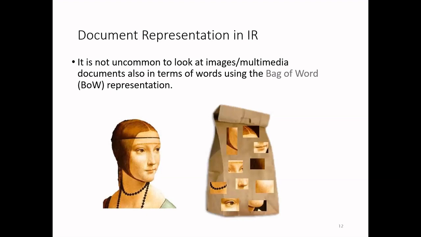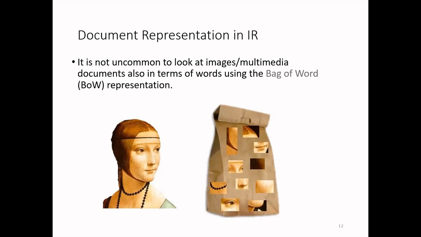For example, one could define certain basic building blocks of pictures, and one can say, all right, this collection of building blocks is present in this particular picture, and this another collection of building blocks is present in another picture. So that way one can again do a bag of words representation for pictures.